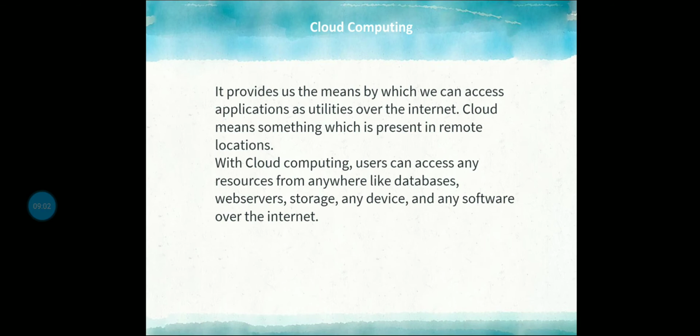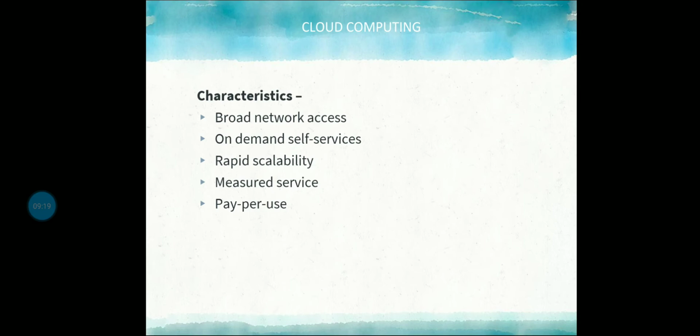With cloud computing, users can access any resources from anywhere, like databases, web servers, storage, any devices or any software over the internet. Okay, so before going to the characteristics, what is cloud computing? Tell me again.